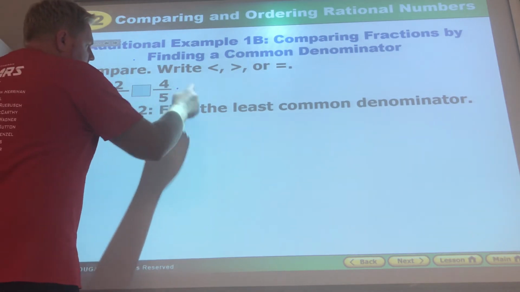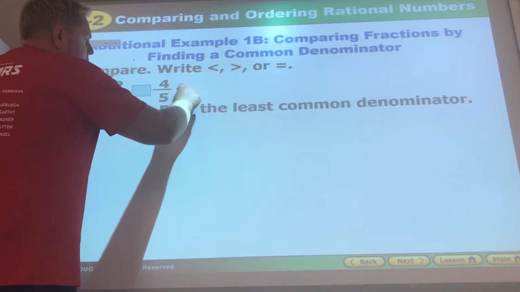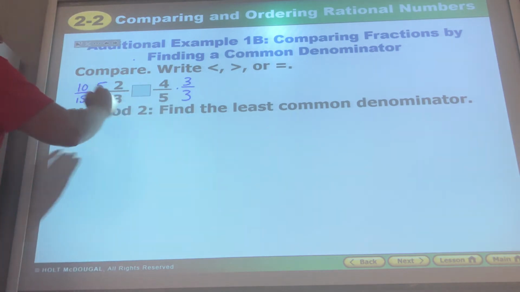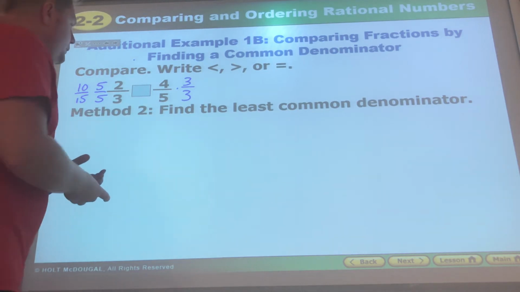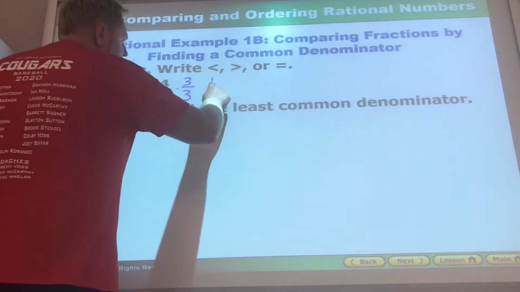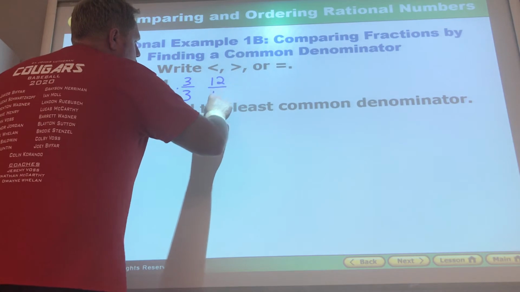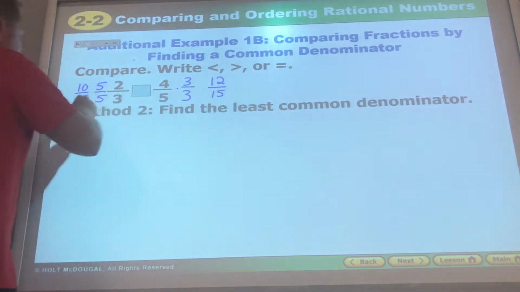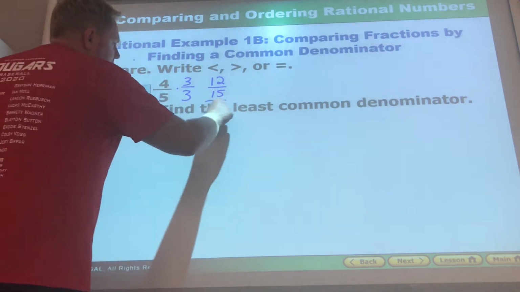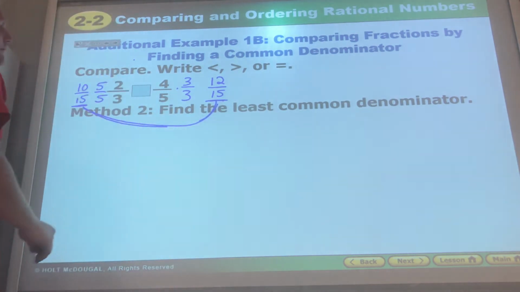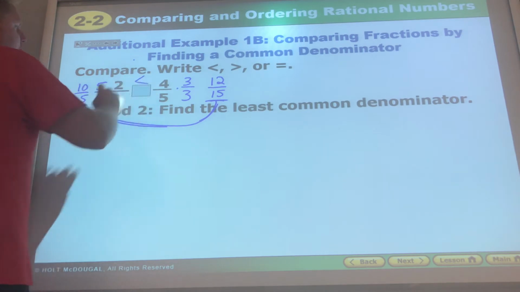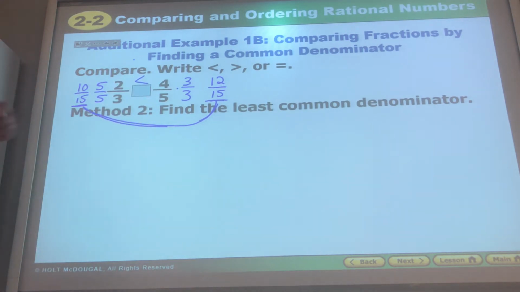Now this side, I do 3/3. 5/5, 3/3, both just fancy ways to write 1. So that's why we're doing the same thing to both sides. So that is 12/15. Now I've got the common denominators. I can more easily compare them. And 12/15 is larger.